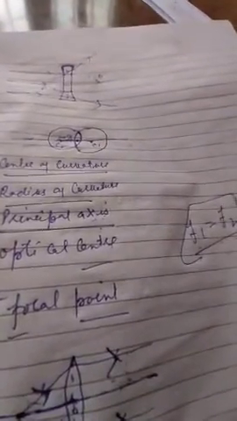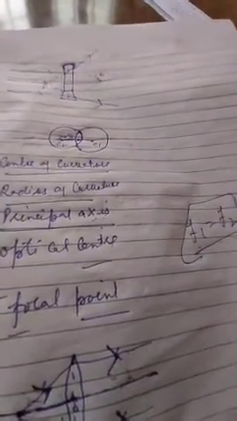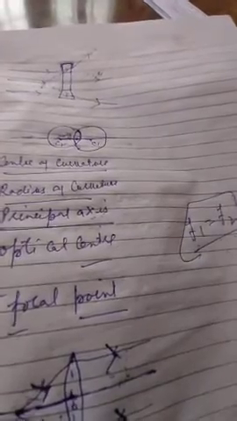Now the next is the rules or principles for construction of the ray diagram. Even this we have done in class 9 also. The first rule says, I will take the case of a convex lens, and just divide it into two parts.